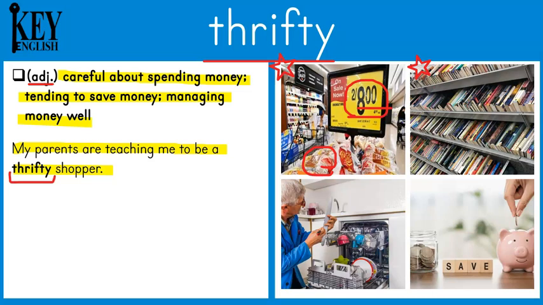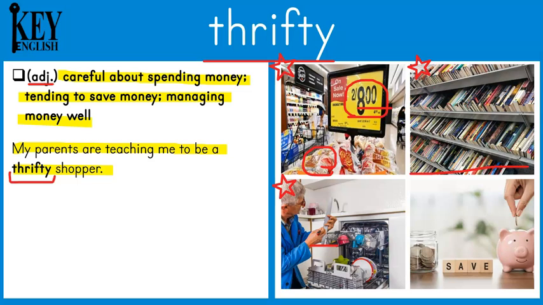So instead of buying a new book, which might be more expensive, you might be able to buy a used book that's still very good, but less expensive. That is a thrifty thing to do. Another example would be, "My grandpa is thrifty and fixes things instead of replacing them right away."